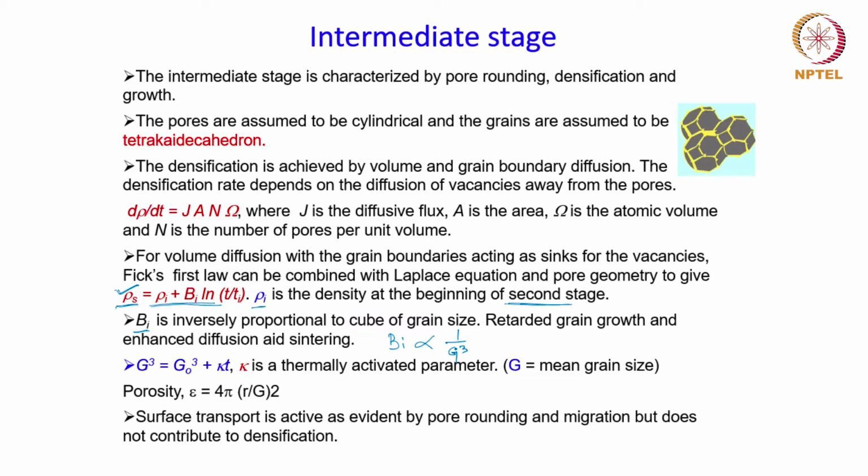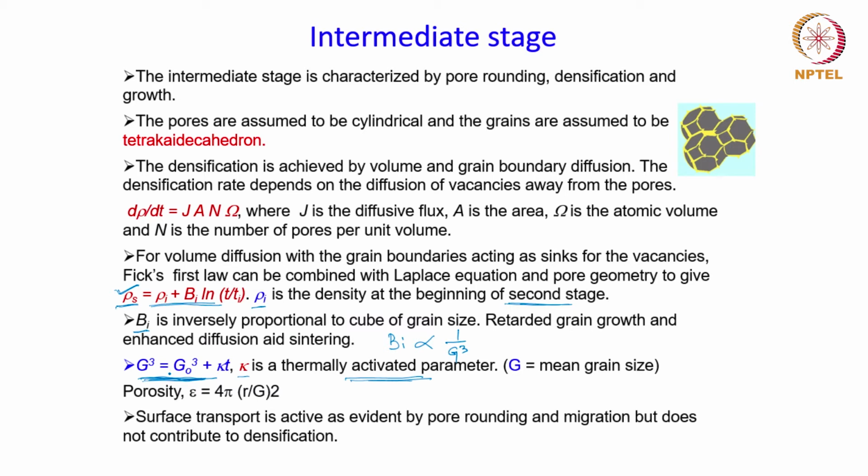And the grain size is expressed with an equation like this, which also includes the temperature effect, because kappa is a thermally activated parameter here, and G naught in this equation is the initial grain size.